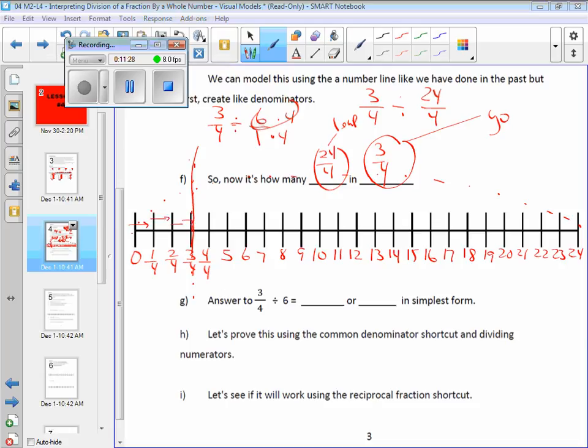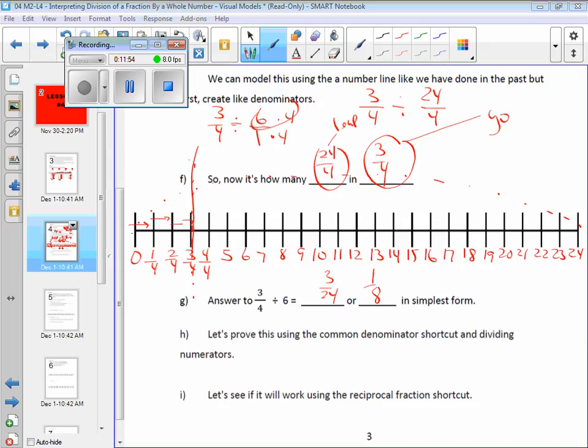The answer is 3/24, which we can reduce to 1/8. That's the concept that makes this lesson different from what we've been doing, is that all of your answers, you'll not get one single leap with any of these. They're all going to be less than 1.